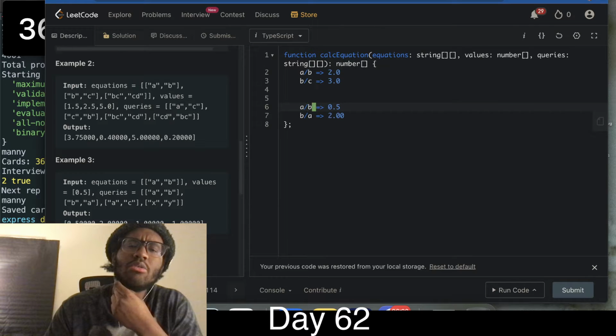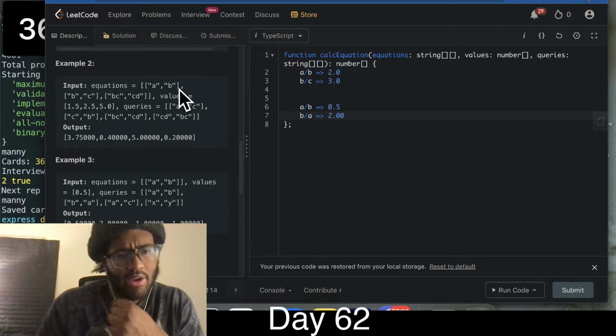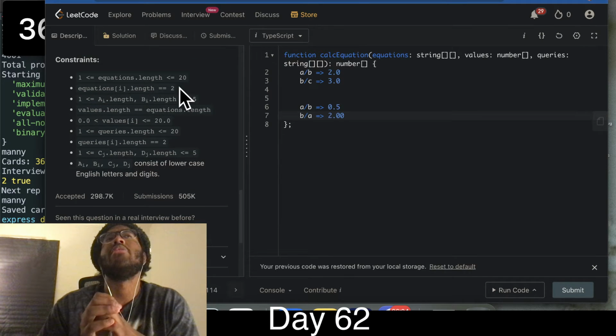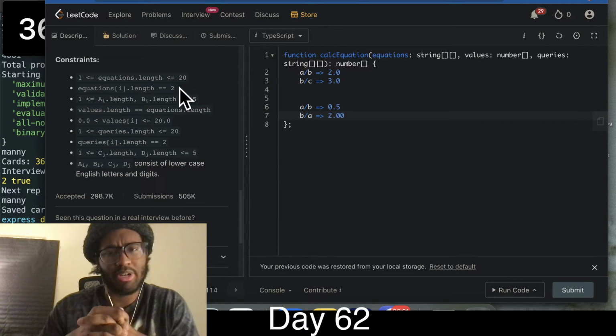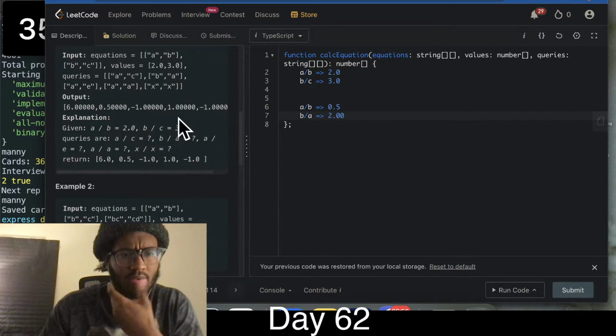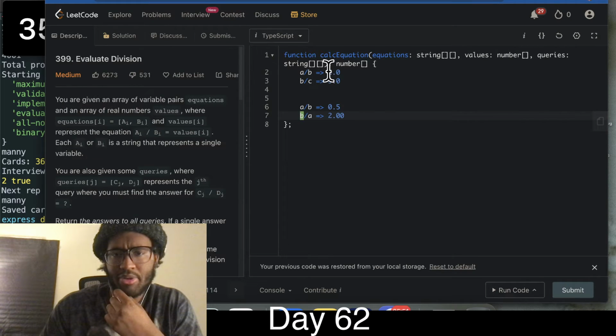Without creating some way to parse equations and solve it, I'm not seeing how this is possible. A divided by B equals 2, and then B divided by C equals 3.